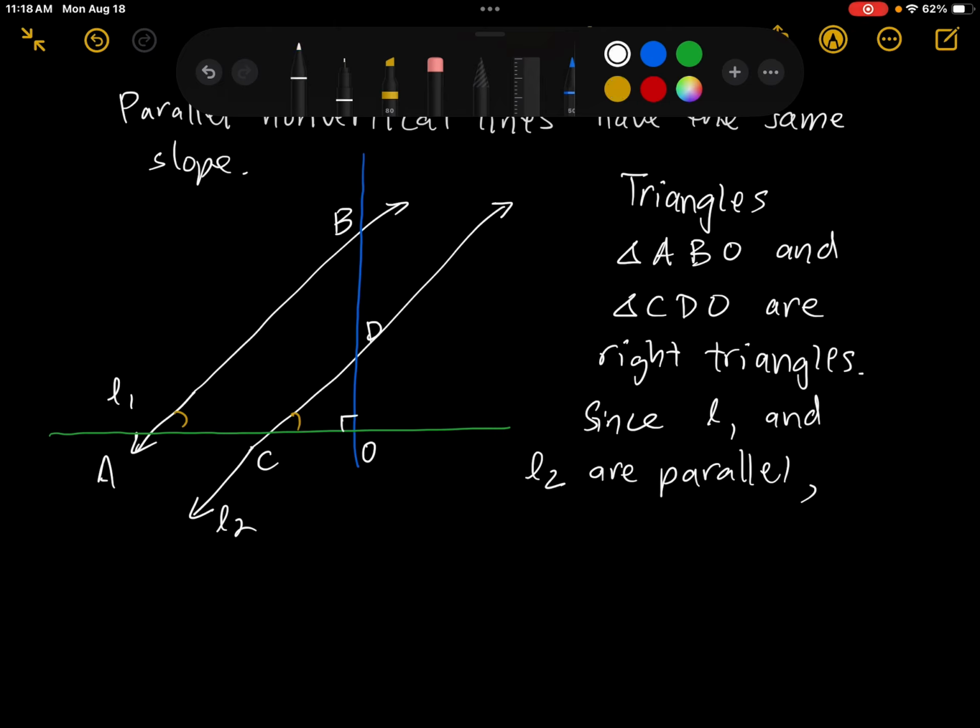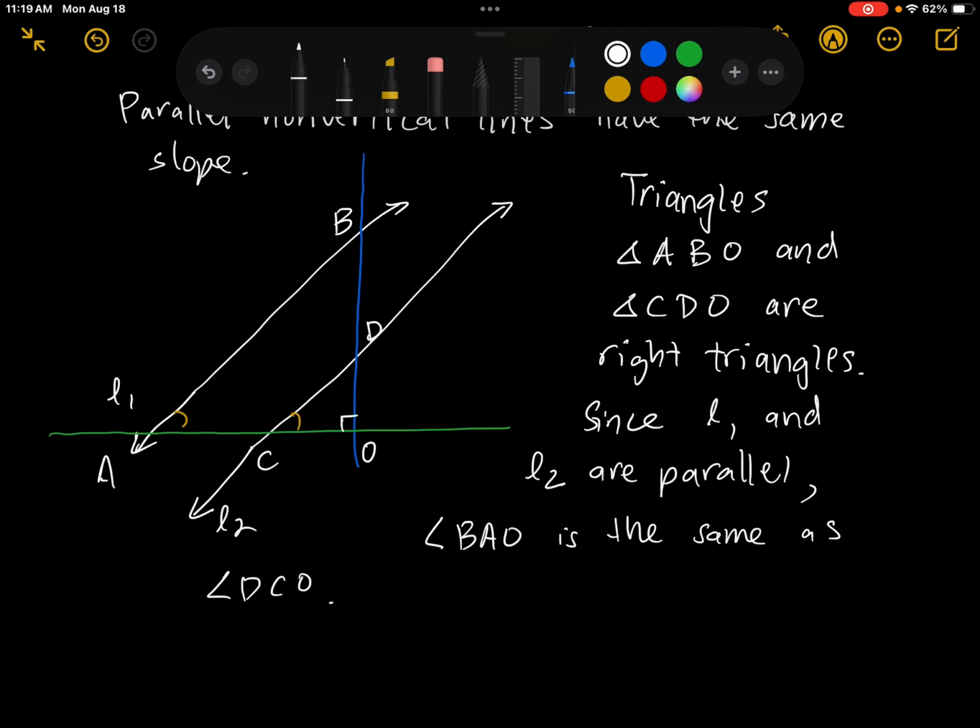They have the same measure. So angle BAO is the same as angle DCO. Now I'm being a bit sloppy, which I guess is okay. I mean, technically I should say that the measure of angle BAO is the same as the measure of angle DCO, but we know what we mean. These two angles are the same.